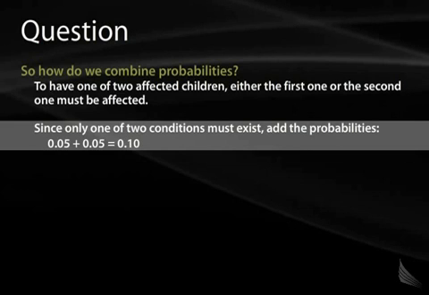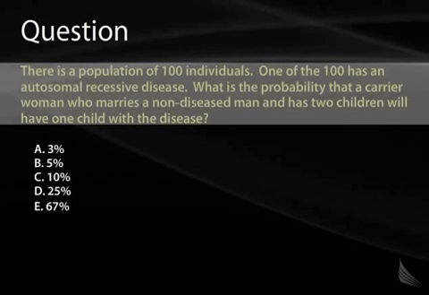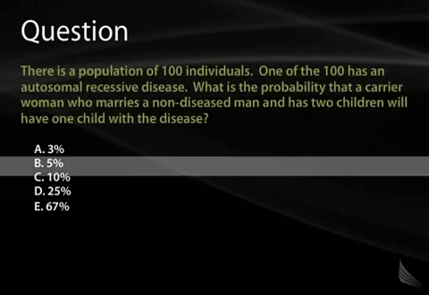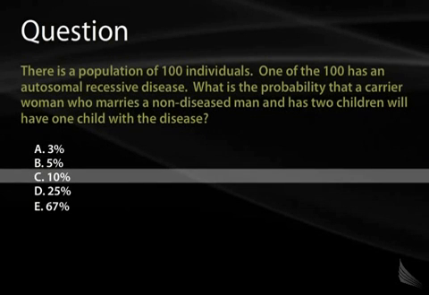But the question is asking for either or, one of two. So we will add those probabilities together, 0.05 plus 0.05, to give us 0.1. Therefore, the answer to our question, what is the probability that a carrier woman who marries a non-diseased man and has 2 children will have 1 child with the disease, is 10%, 0.1.